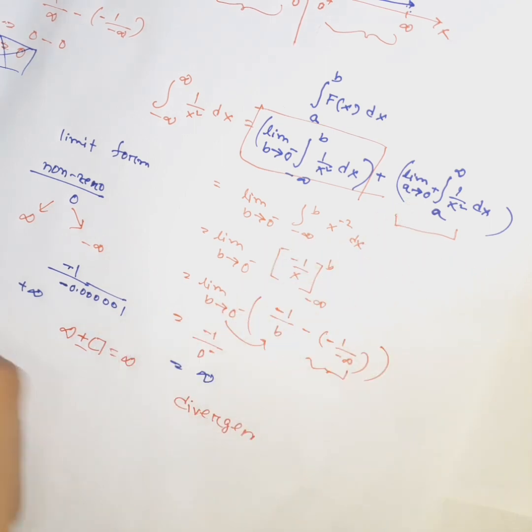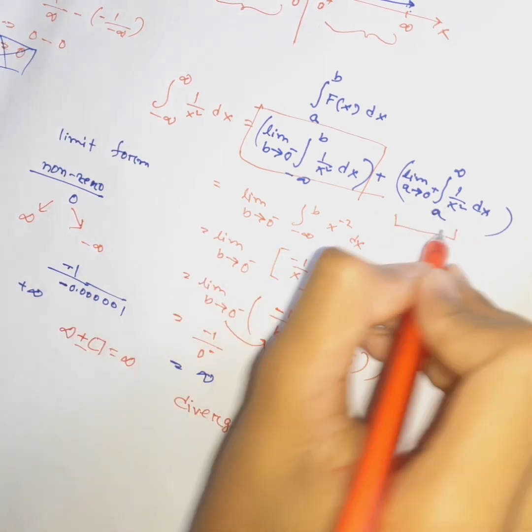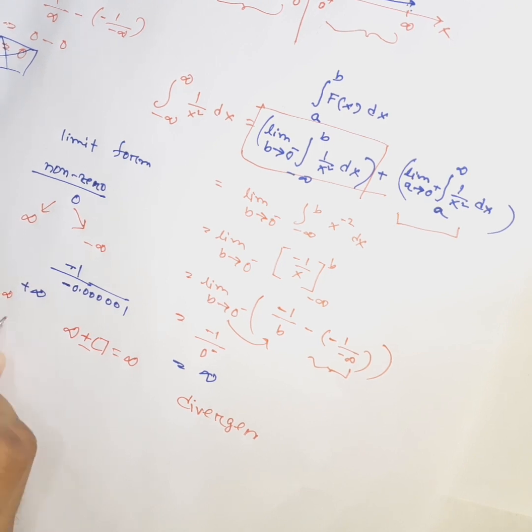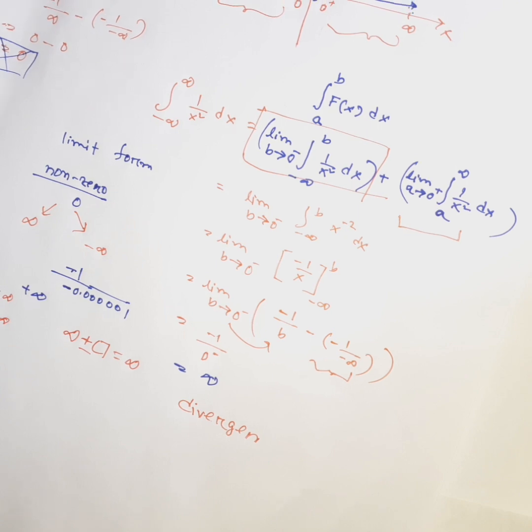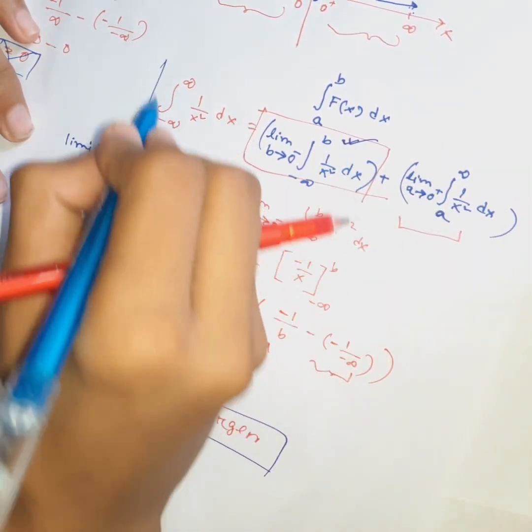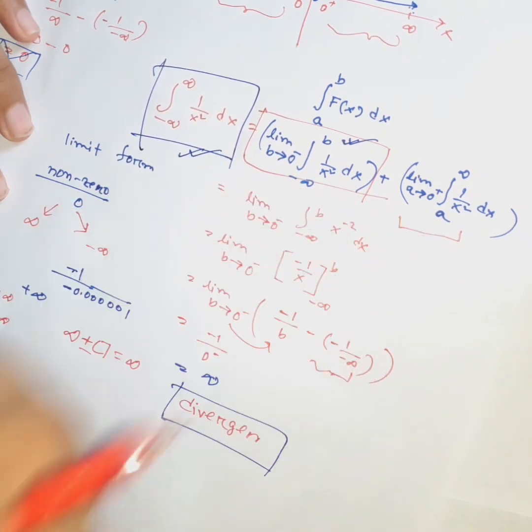And suppose you get the value as positive infinity, this is still infinity, or negative infinity, this is still infinity, so you don't need to work with this. And I'm not saying that only this part diverges, the whole integration diverges.